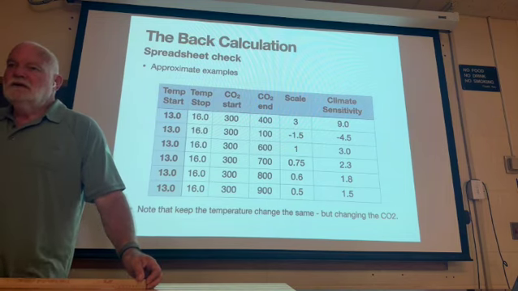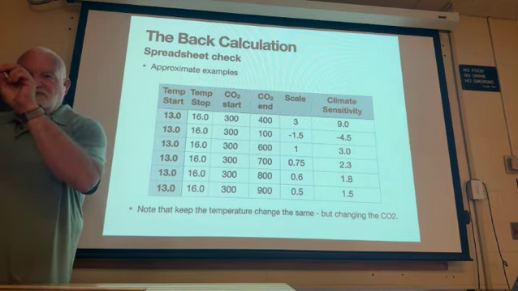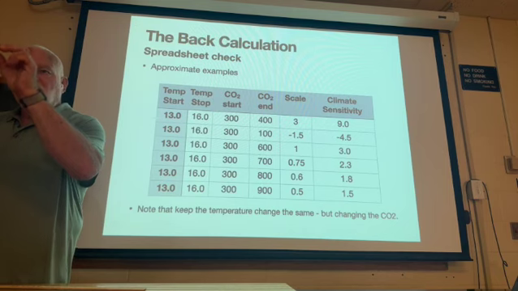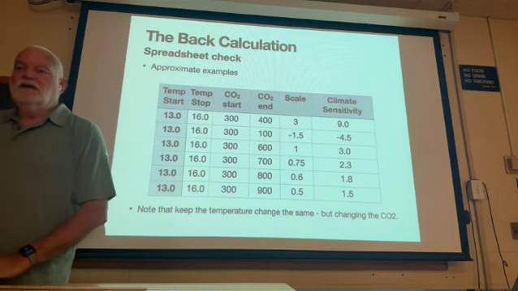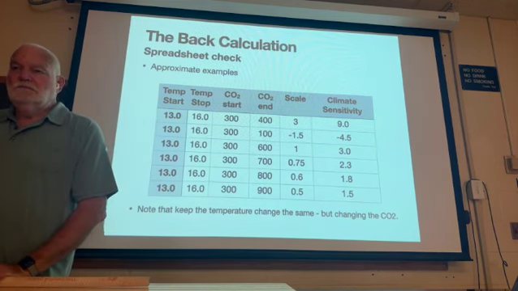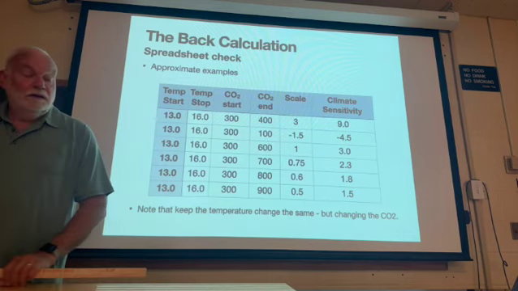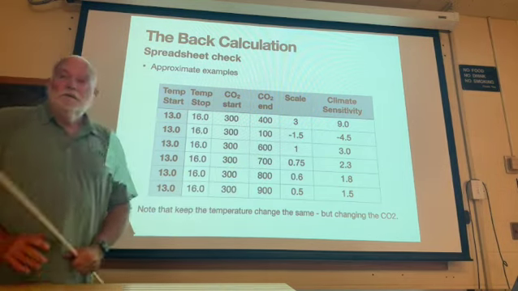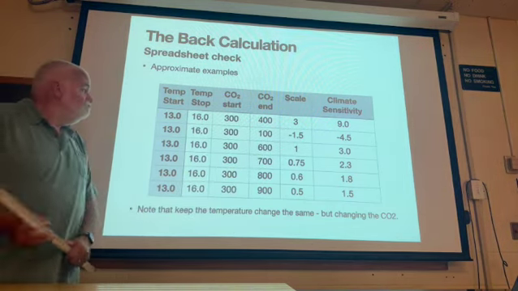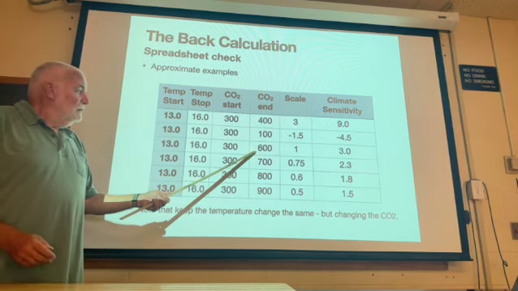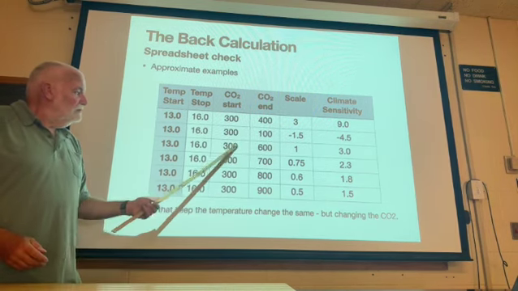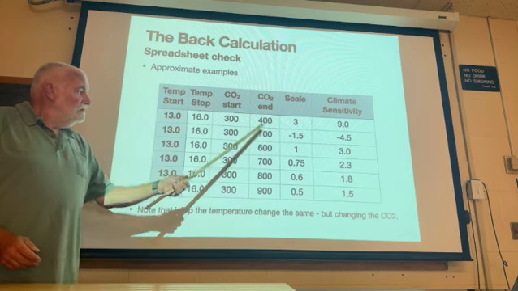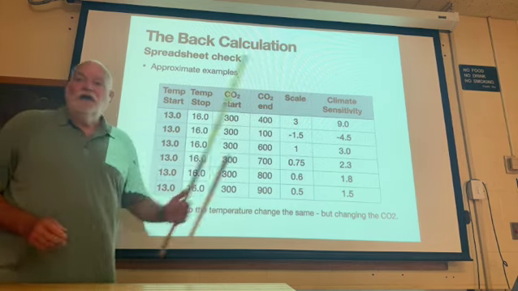Not so much. But to get the same temperature change with not so much change, what does it say about the climate sensitivity? It's higher. Yeah, it's a lot higher. So this 300 to 400 is not a lot, and it changed this number a lot.